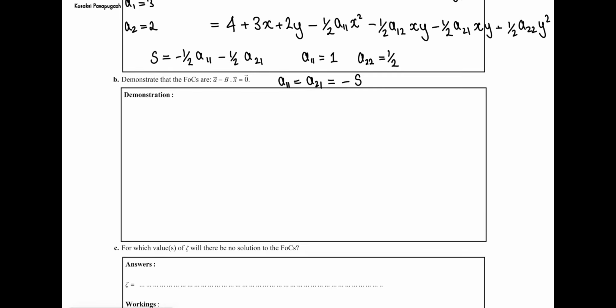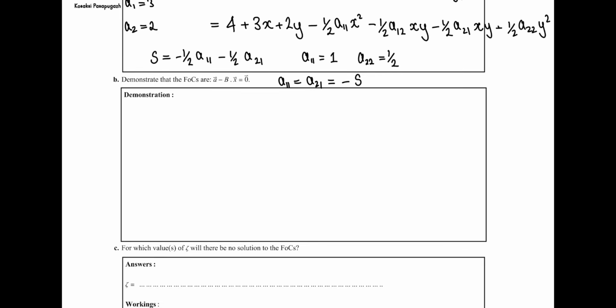Demonstrate that the first order conditions are the vector A minus the matrix B dot with the vector x is equal to 0. So to do this, first order conditions is equal to the partial derivative of the function with respect to x, and then the partial derivative of the function with respect to y.